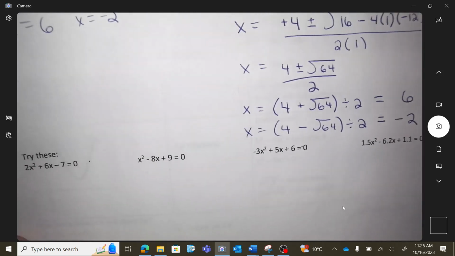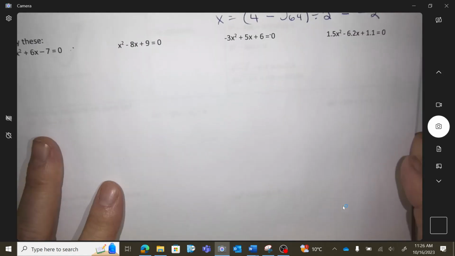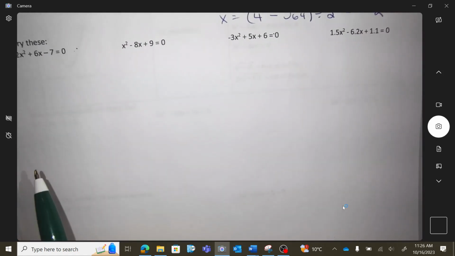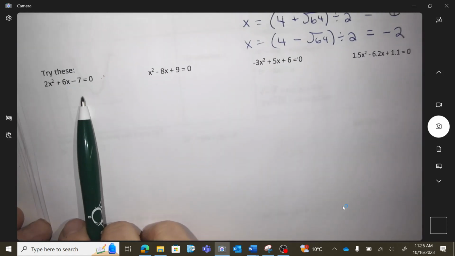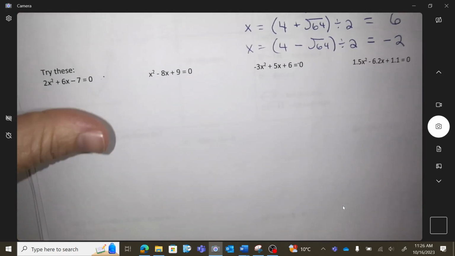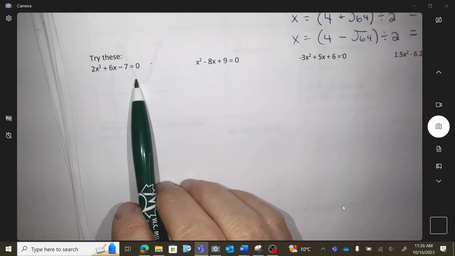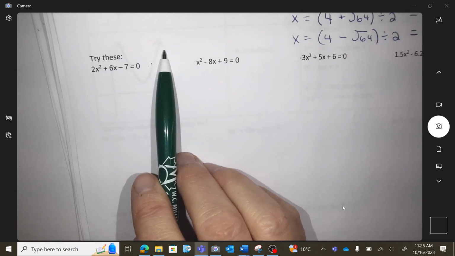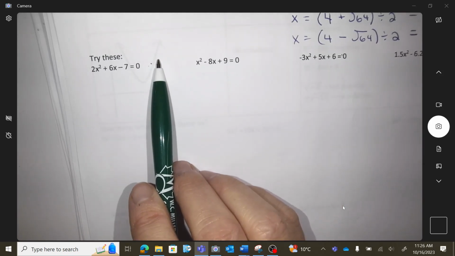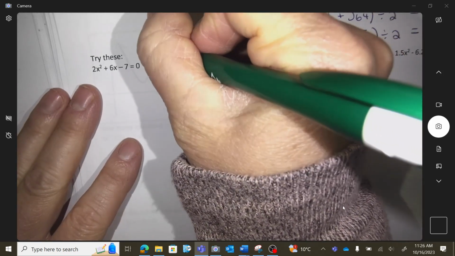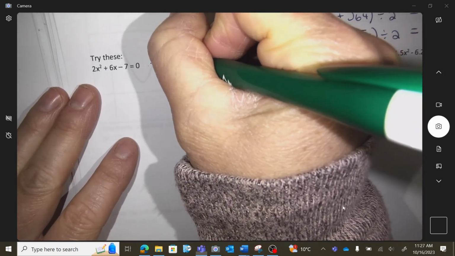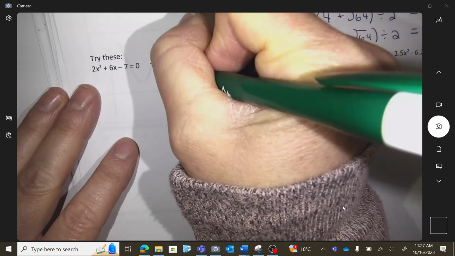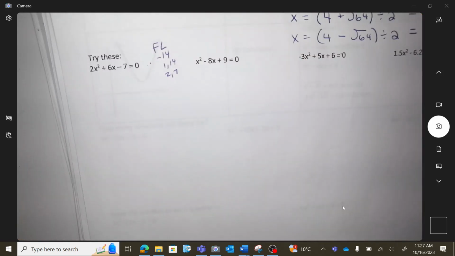Okay, ready to try some harder ones? So on this one, if I was in grade 12, I'd be like, well, does it factor? Well, negative 14 has nothing that would get me 6, right? This is what I would be doing. Negative 14, 1 and 14, 2 and 7.